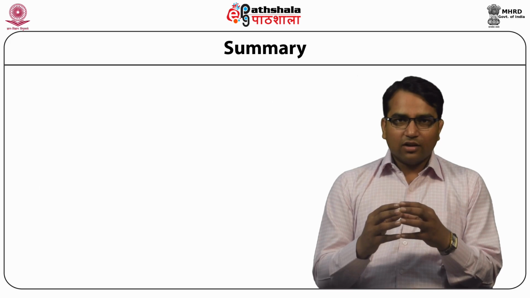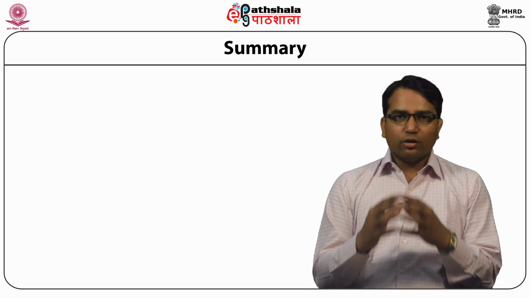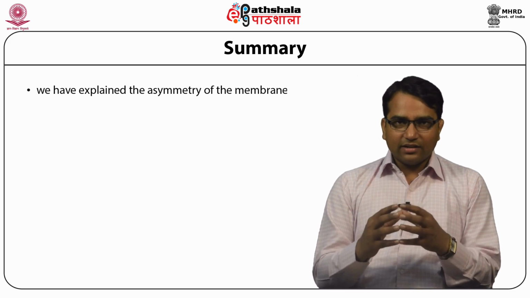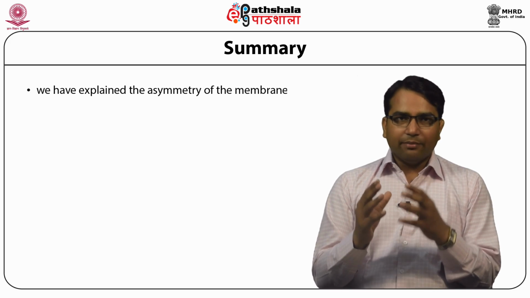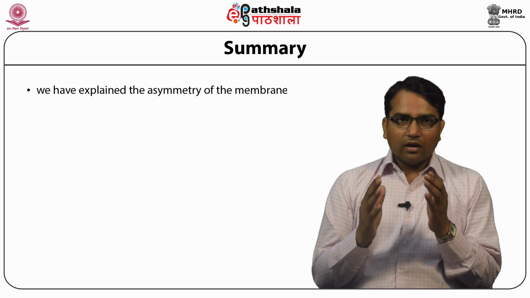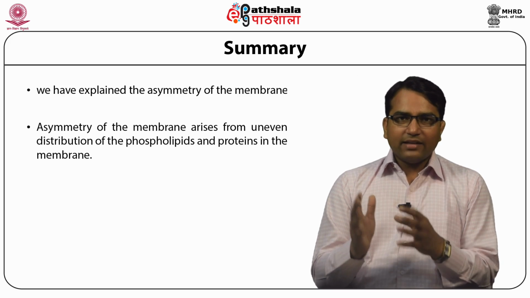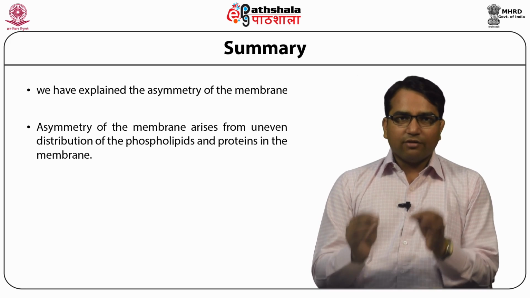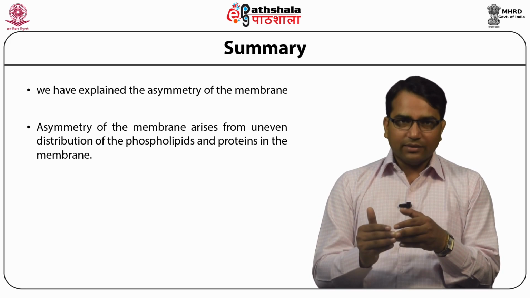Let's summarize what we have discussed in this module. We have discussed asymmetry of the membrane. Asymmetry of the membrane arises from uneven distribution of phospholipids and proteins in the membrane.